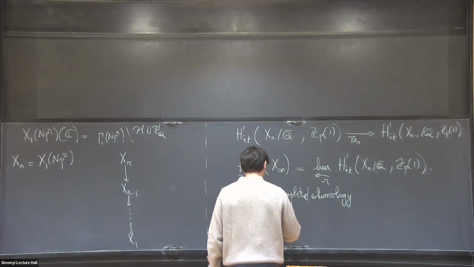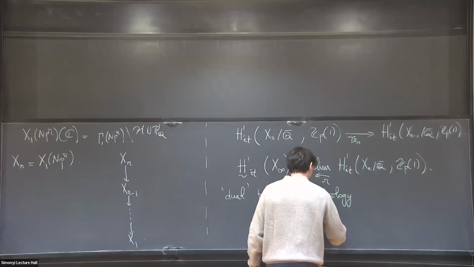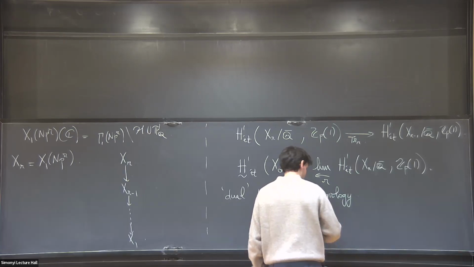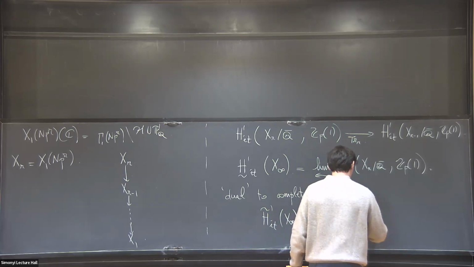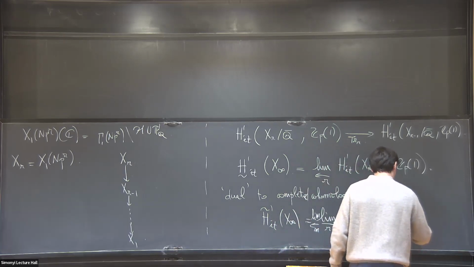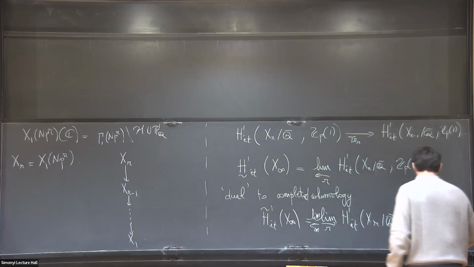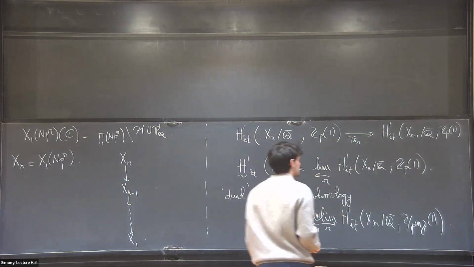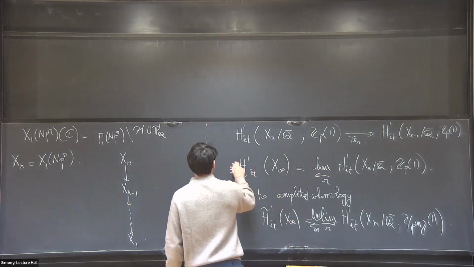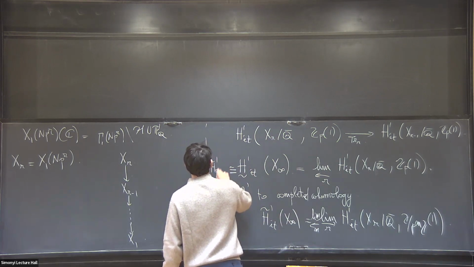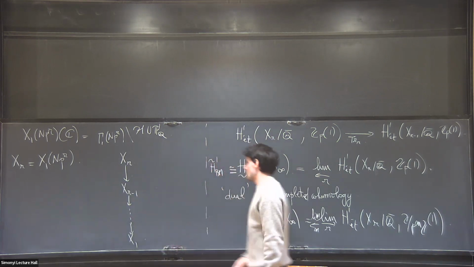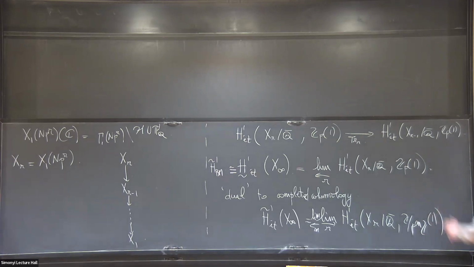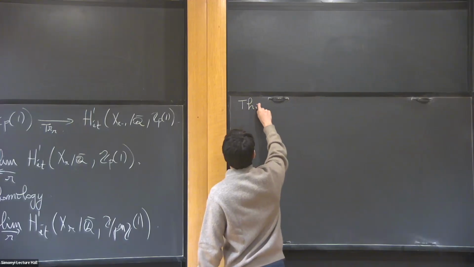H^1 tilde etale of X_infinity would be, first I take the direct limit, then the inverse limit of these. Then this, I guess in the literature, is sometimes denoted by the Borel-Moore homology of this tower. So this is almost the basic object of study. It's just that this object is still too large.